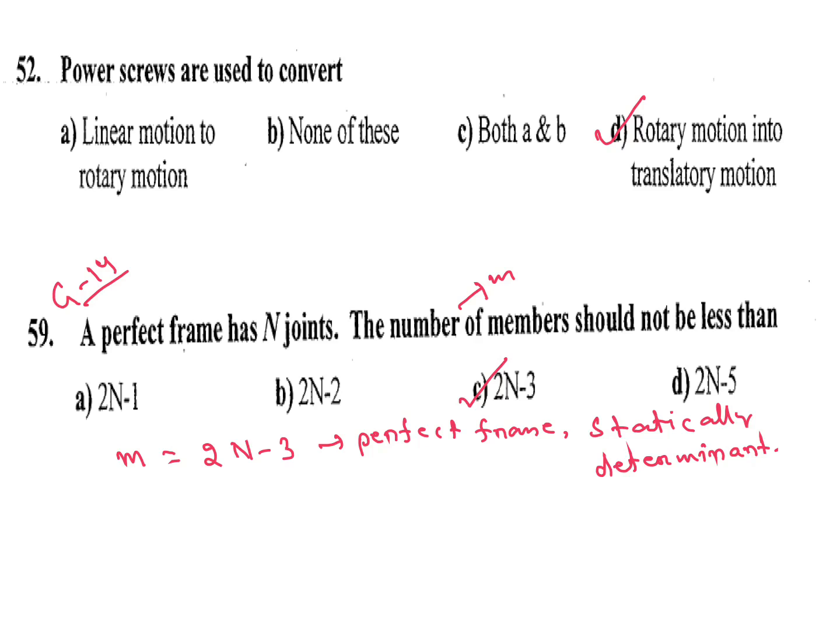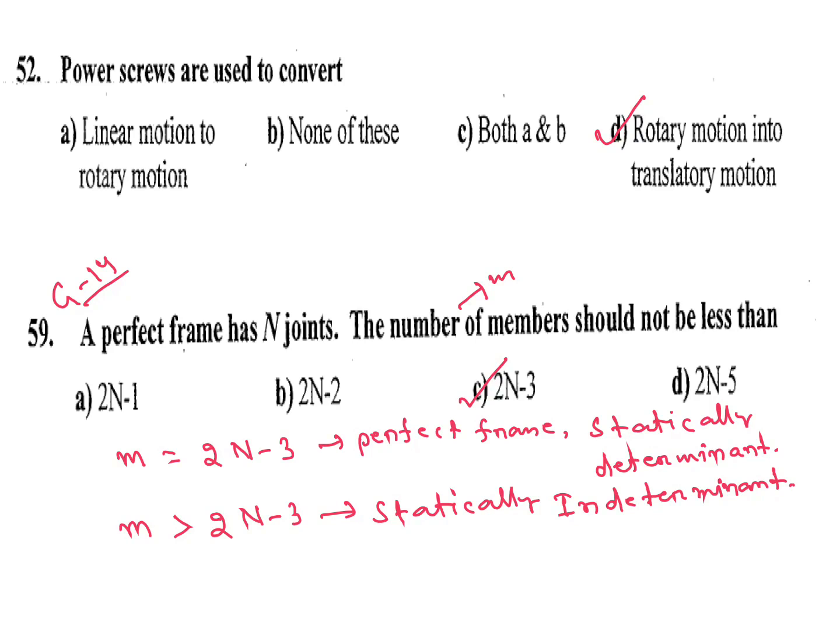If m is greater than 2n minus 3, then this is called a statically indeterminate frame. And if m is less than 2n minus 3, it's unstable. All three are important. And statically determinate and perfect, both are the same.